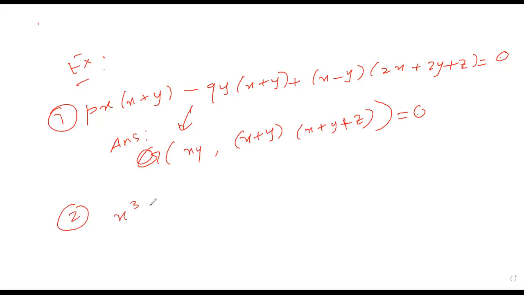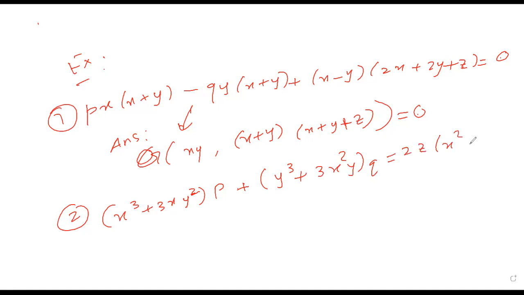x cubed plus 3xy squared times p, plus y cubed plus 3x squared y times q, equals 2z times x squared plus y squared.